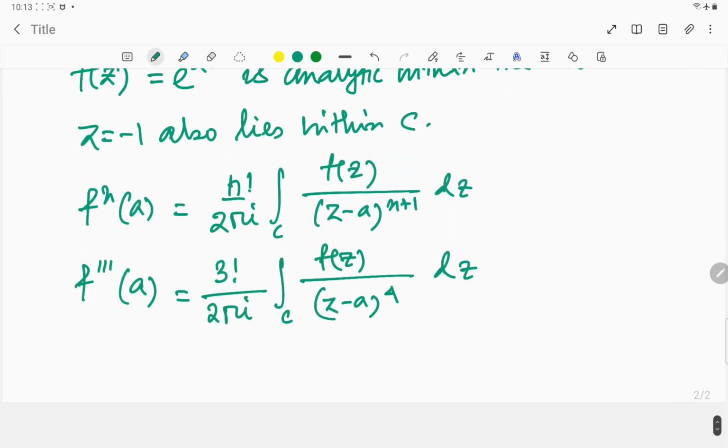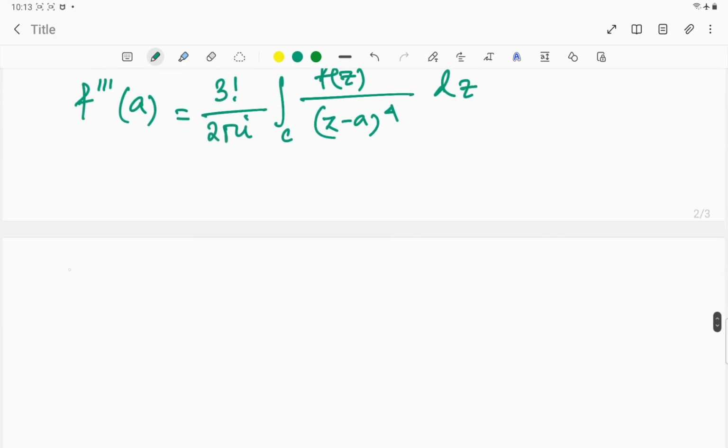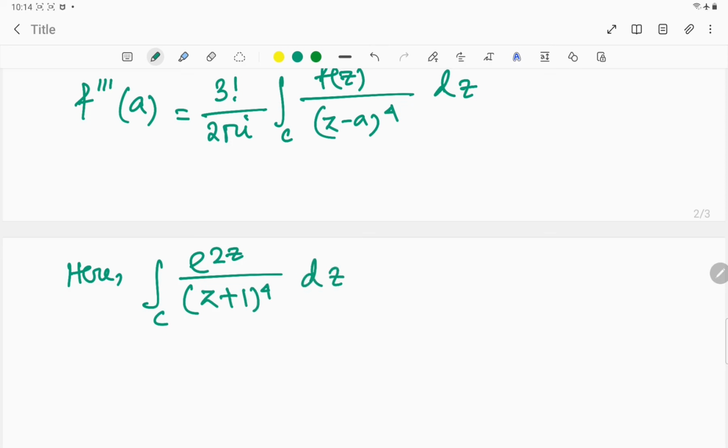So here we get integration over C of e to the power 2z divided by (z plus 1) whole to the power 4 dz is equal to 2 pi i by 6.